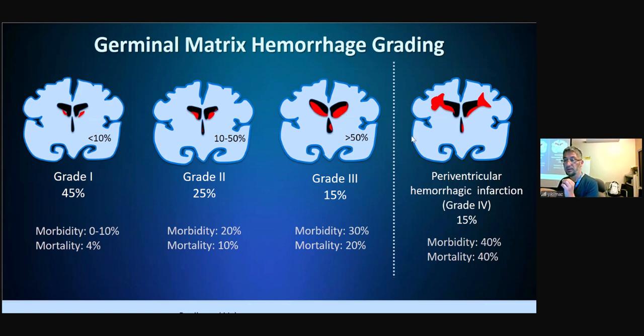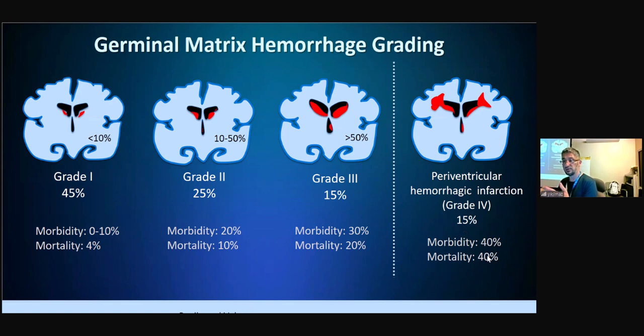And in Papile, there is a grade 4. They thought this was the extension of the hemorrhage into the parenchyma. But Volpe accurately said that, no, this is not extension of the hemorrhage. This is a completely different entity. We should call it periventricular hemorrhagic infarction, not germinal matrix hemorrhage, which is more accurate.